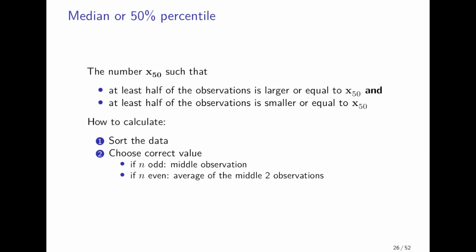If you have an odd number of data points, then you choose the center value, the middle value in your sorted sequence. If you have an even number of data points, then you can't choose the middle value, because there's no middle one. Then you take the middle two, and you take the average of both.